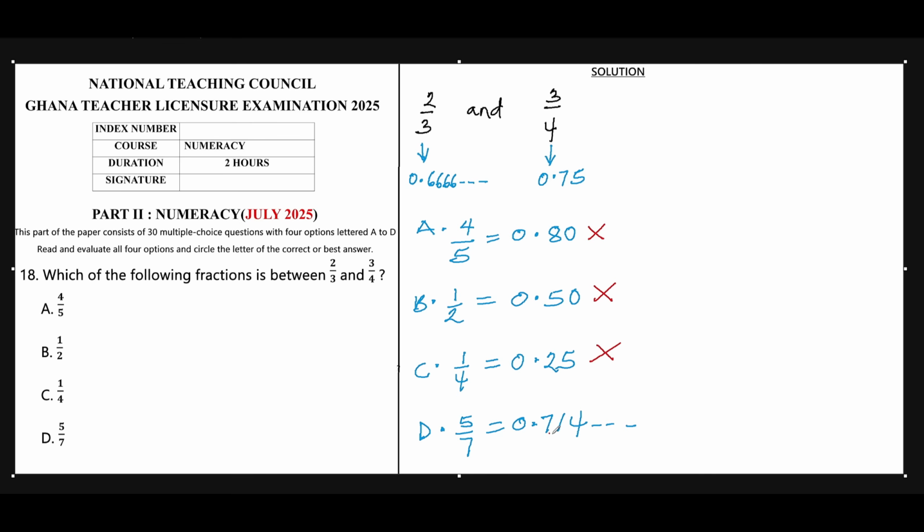And then 0.71 can be located between these two fractions. But in the actual question, we were given 5 on 7. So we select option D.